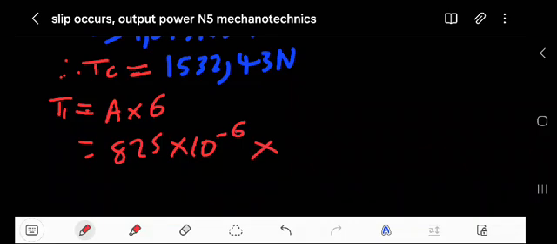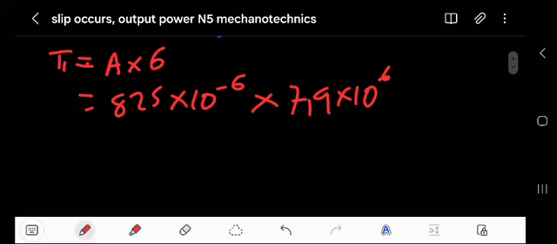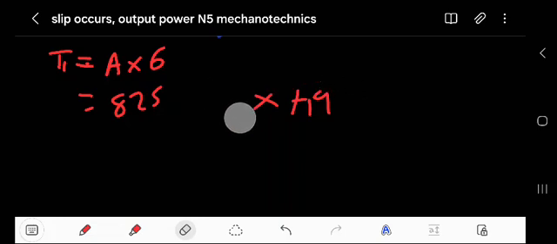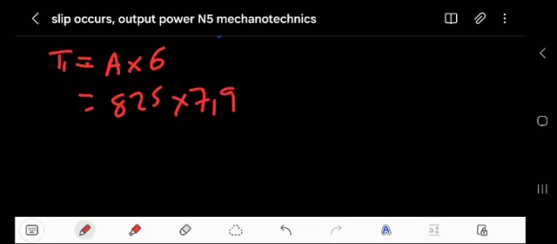If you convert, you must also convert this to megapascal. However, if you don't want to convert, that means this and that you must multiply by this result. If you don't want to convert, you must know what you are doing, you must be very careful.